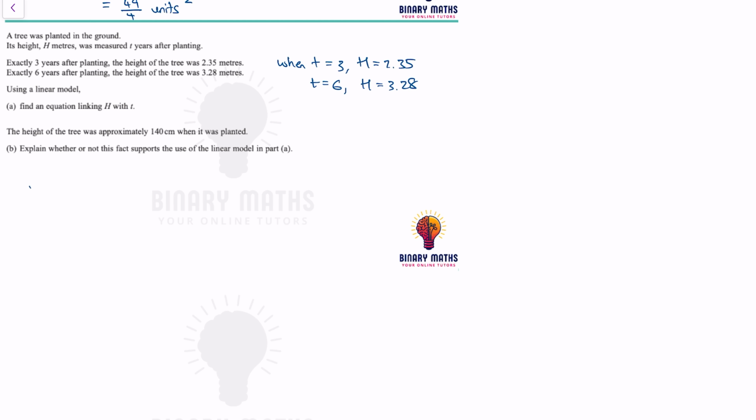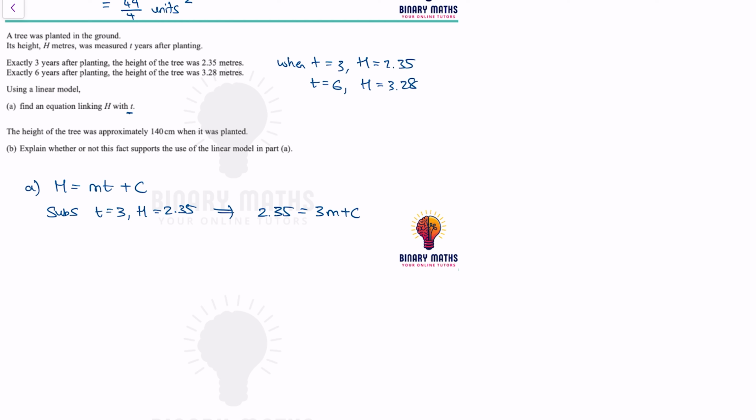Okay, so for part A, because it's linking h with t, where time is independent and h is dependent, h must be equal to gradient times t plus the y-intercept. If I substitute t equals 3 and h equals 2.35 into this equation, I get 2.35 is equal to 3m plus c.